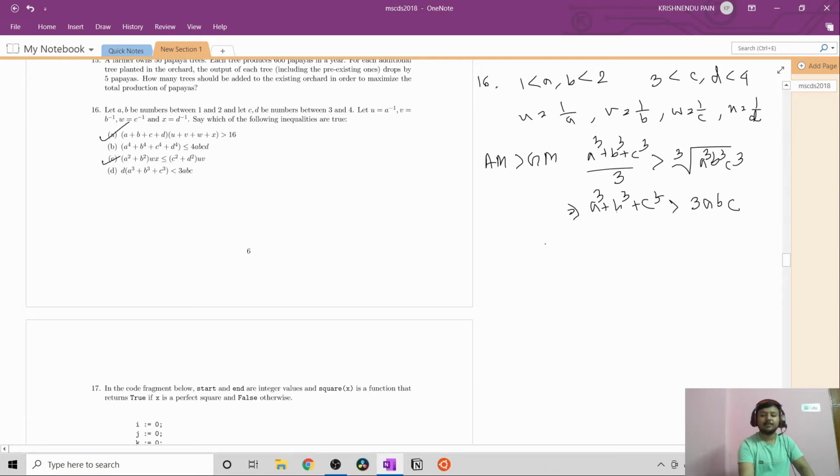So if we multiply D with A cube plus B cube plus C cube, it will increase the number from A cube plus B cube plus C cube. Then we will get D into A cube plus B cube plus C cube is definitely greater than 3ABC. So option D is wrong. So correct options are option A and option C.